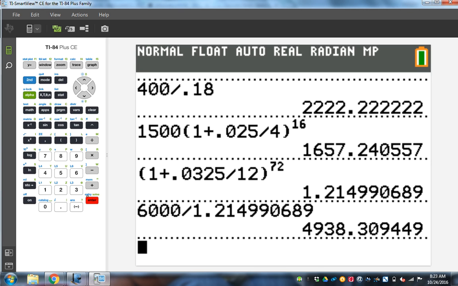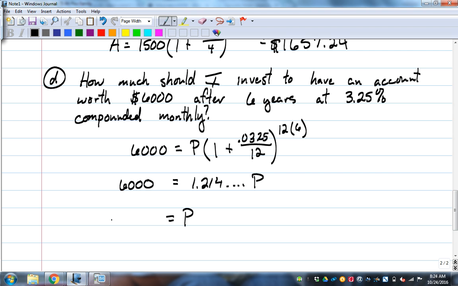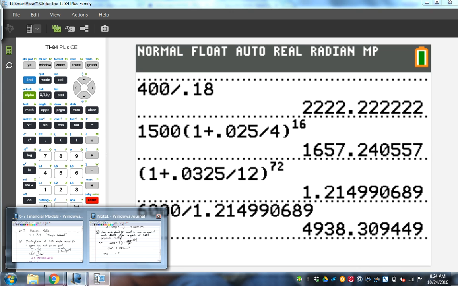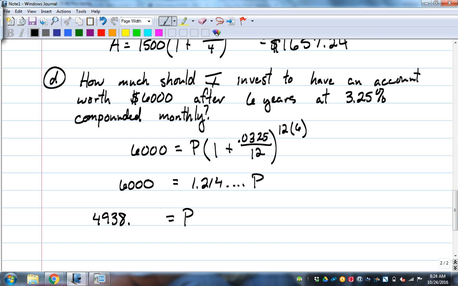I've got to put almost $5,000 back: $4,938.31. I'm going to round to the nearest cent today. So hopefully, maybe I got some really good graduation gifts.